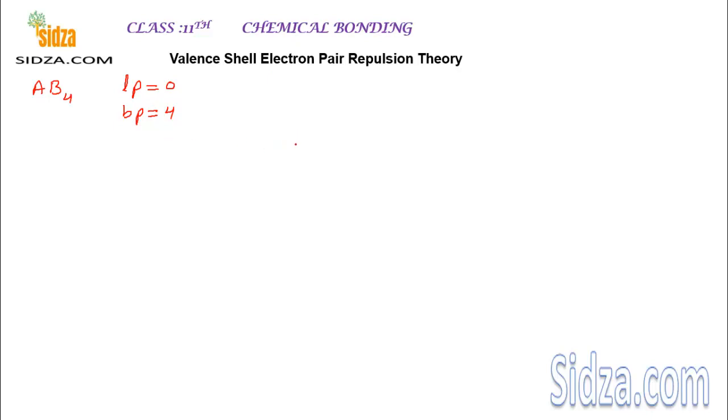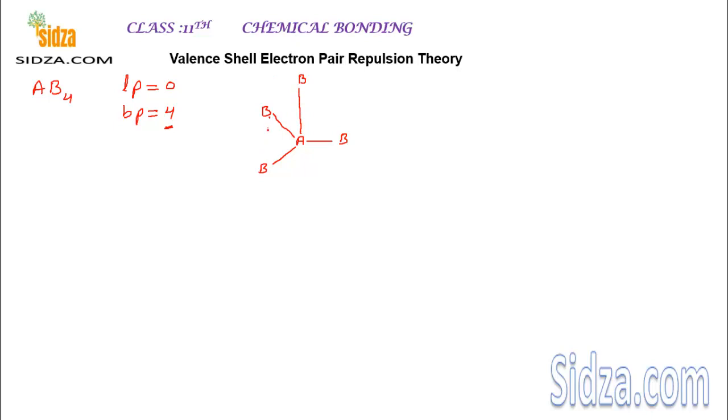Let's start with the previous one. We learned that if you have an AB3 type molecule, right, the most stable shape is trigonal planar, in which the 3 B atoms and the central atom A are in one plane, and the bond angle is 120 degree. Now I have to introduce one more, because now here we have 4 bonds, correct? So let me draw here one more bond above this.